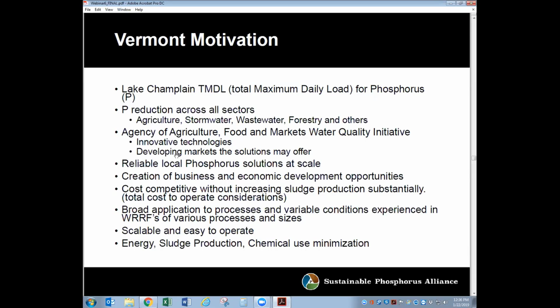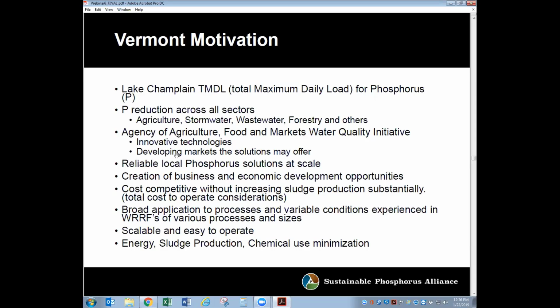This is a partnership that involves the University of Vermont, the Village of Essex Junction, Efficiency Vermont, which is an electrical efficiency utility, and the Chittenden Solid Waste District, which manages the sludge or biosolids from facilities in their service area.